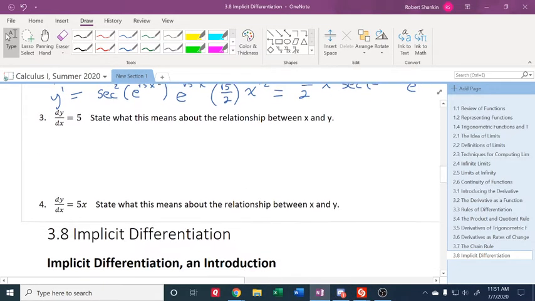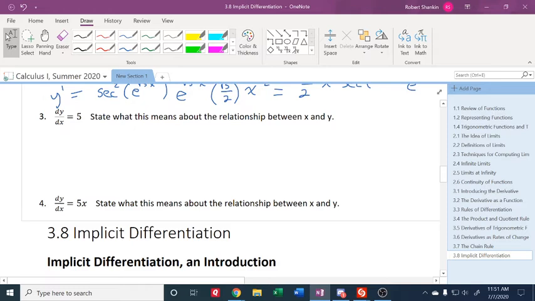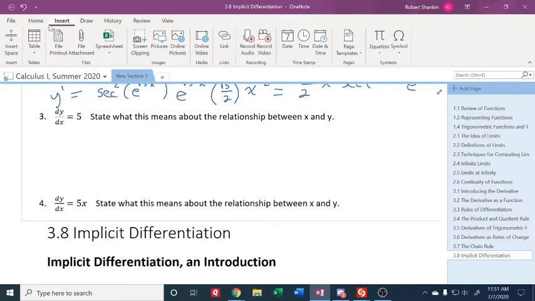All right. Let's go to number 3. dy/dx equals 5. State what this means about the relationship between x and y, and then it's related to number 4. dy/dx equals 5x. State what this means about the relationship between x and y.